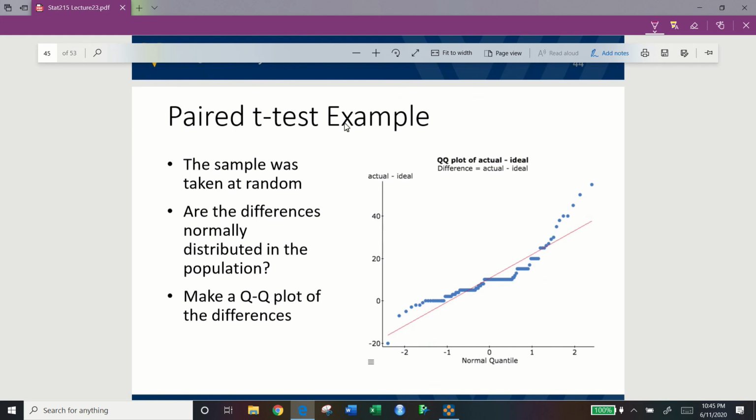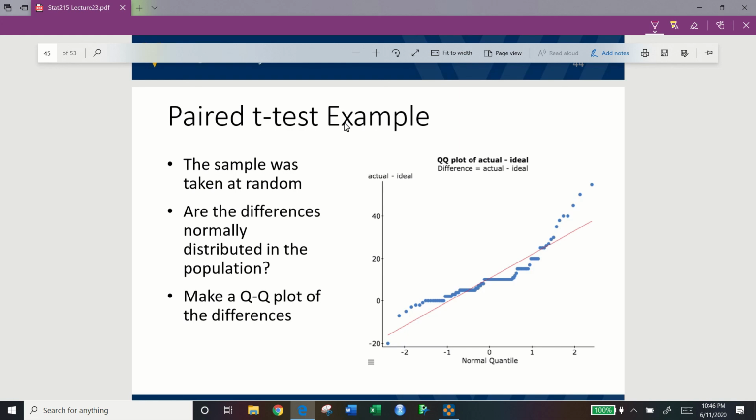Okay, so we're going to check the assumptions now. We know that the sample was taken at random, and we want to know, are the differences normally distributed in the population? Well, looking at the QQ plot, I would say this is not great, to be honest. I would probably say that there's a problem with this.